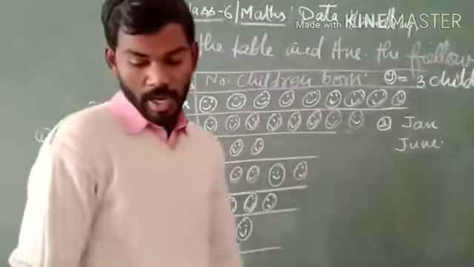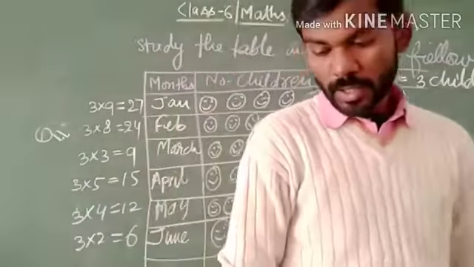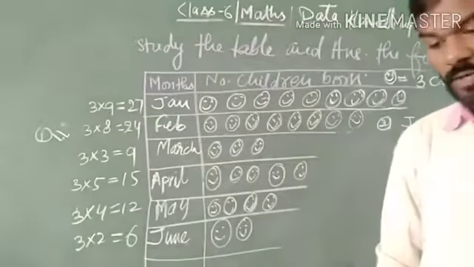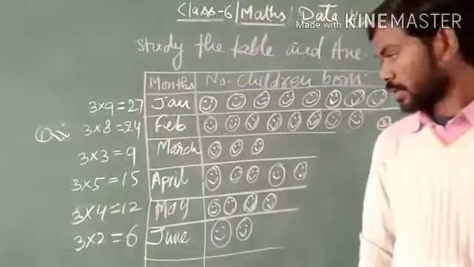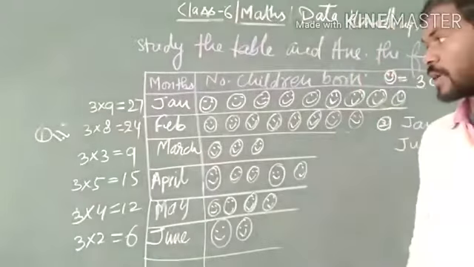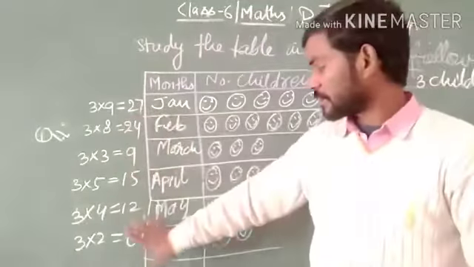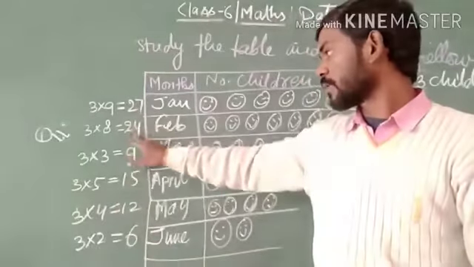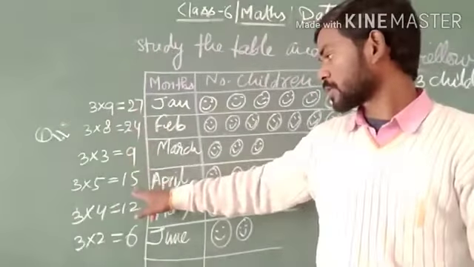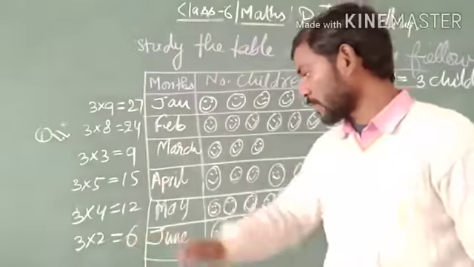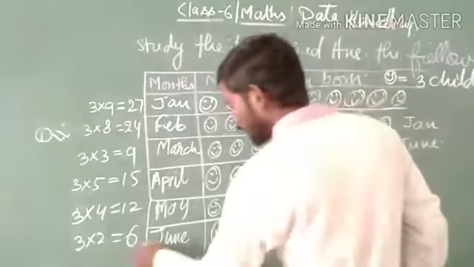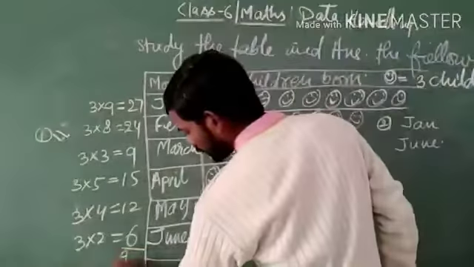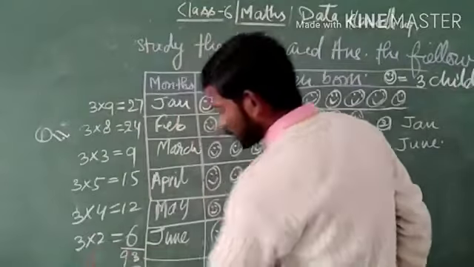The next question: how many children were born in all from January to June? Here we just add these numbers: 27 plus 24 plus 9 plus 15 plus 12 plus 6, and when we add we get a total of 93.